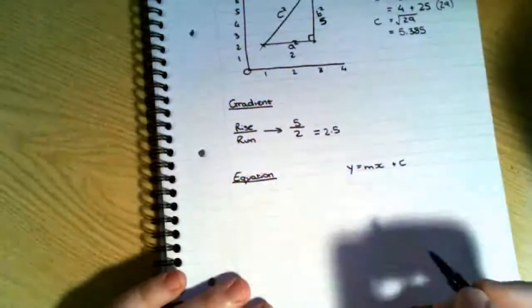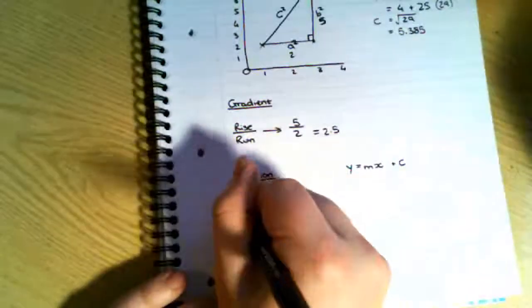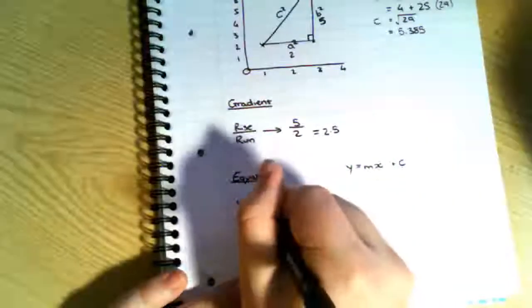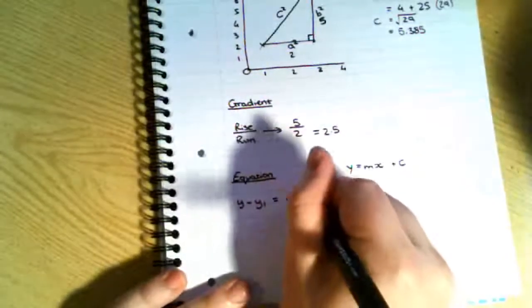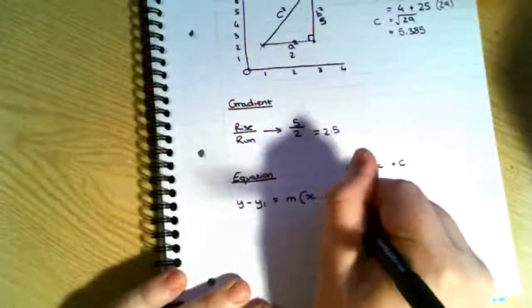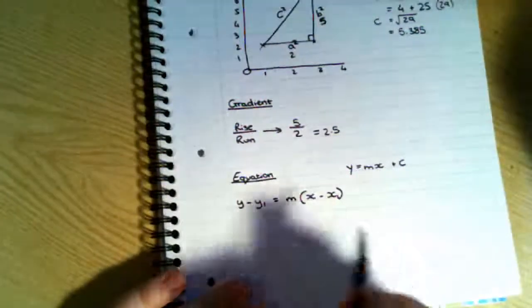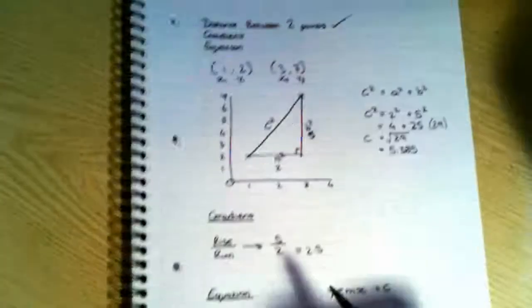Now this is the formula you need to know to work it out right here. Y minus y1 equals m in brackets x minus x1. That's why I told you at the start to put the numbers underneath, because it will be important later on.